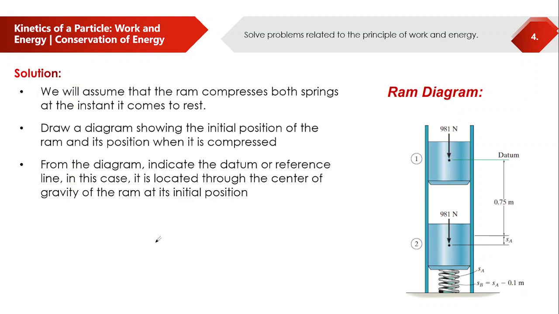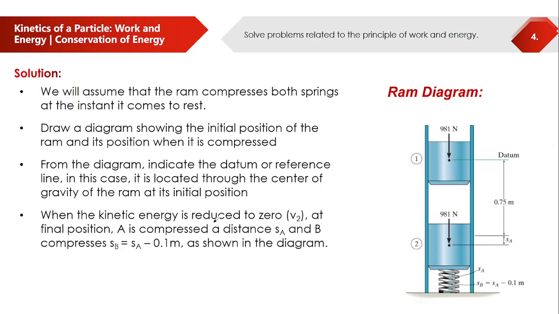Okay? When the kinetic energy is reduced to 0, V sub 2, at final position, A is compressed at a distance S sub A. Ayun. So, na-displace siya or na-compress siya at that distance S sub A. And B compresses. S sub B is equal to S sub A minus 0.1.